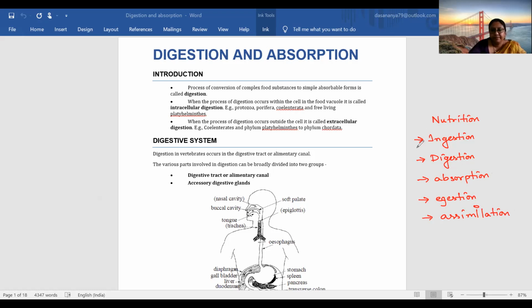What are they? Can anyone tell me what is ingestion? Ma'am, the intake of food is known as ingestion. Very good. So it is the intake of food. Then digestion, you yourself said, is the breakdown of complex food to simple.